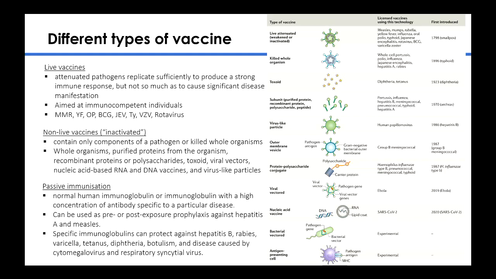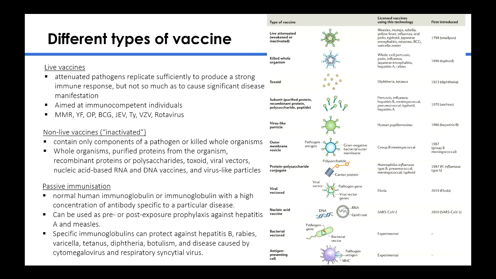For instance, rabies, right? There are maybe one or two people who have survived. Once the disease is installed, which takes time, there is pretty much no way back. So the use of immunoglobulins there to prevent the progression of the disease is quite important.